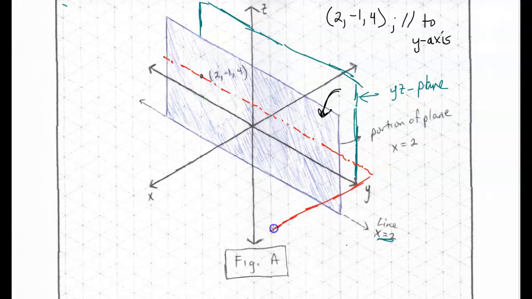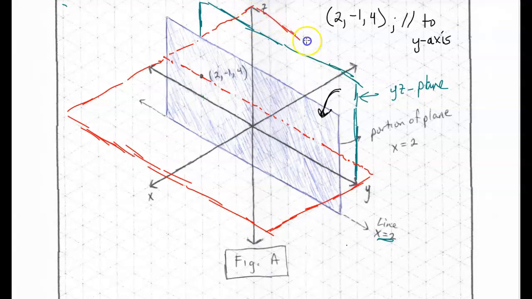So if I draw this plane, draw through here like that. Notice that this plane that I'm drawing in red is also another plane, but this plane is parallel to the XY plane, and it also contains that point (2, -1, 4).